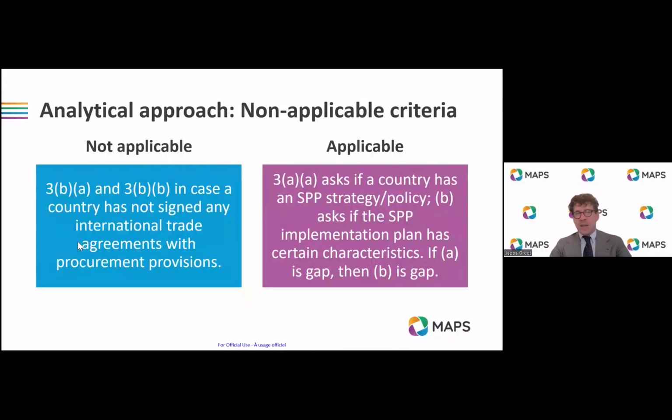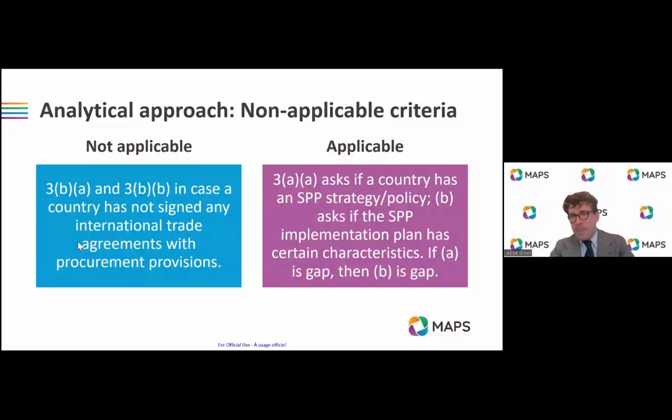Finally, for the analytical approach, we have made clear situations where there are non-applicable criteria. What we have seen previously in assessments is that from time to time, we would see assessors mark criteria as not applicable if the topic that was dealt with in the criteria was not existing in the country.